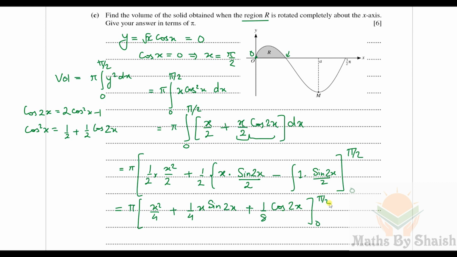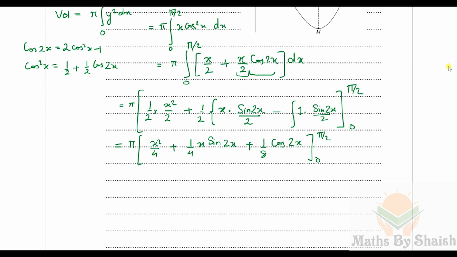Now we'll substitute the values. The upper limit is pi by 2, so we have pi outside, and pi by 2 square is pi square by 4, and 4 times 4 is 16, so pi square upon 16, plus, if we put pi by 2 in this, 2 into pi by 2 is pi, sin pi is 0, so it is 0, plus 1 upon 8 cos of 2 times pi by 2, that is cos pi, which is minus 1.